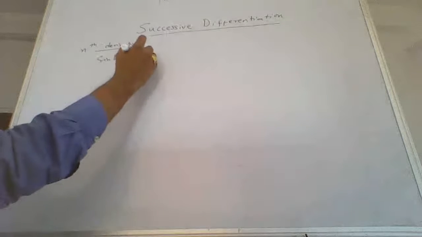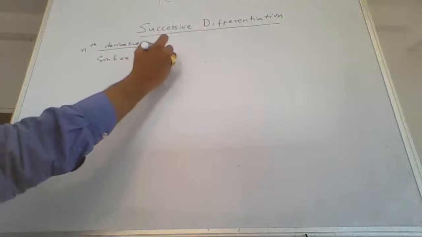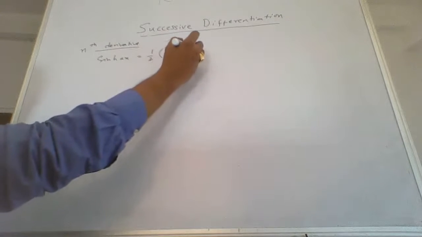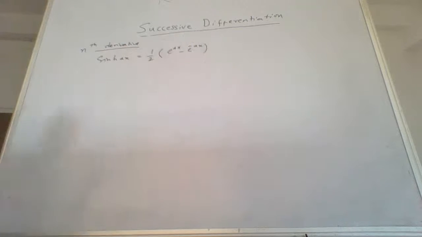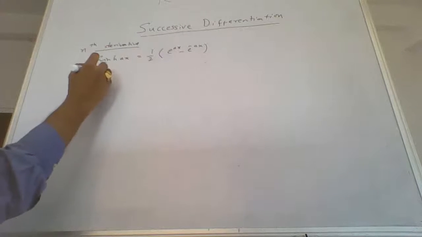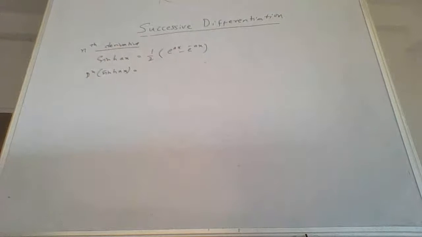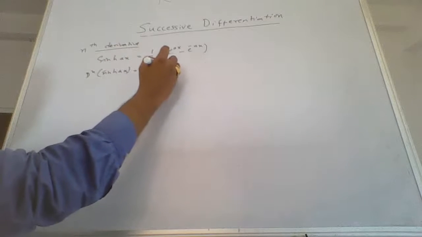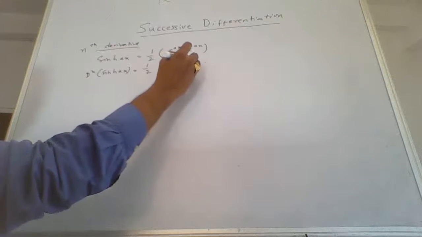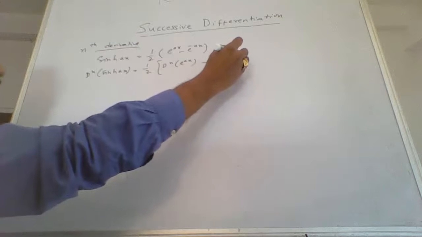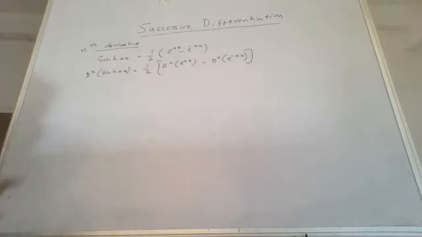Now sinh(ax) is 1 by 2 of e to the power of ax minus e to the power of minus ax. Now let us find the nth derivative of this sinh(ax). So this should be the nth derivative of e to the power of ax minus the nth derivative of e to the power of minus ax. So this is what we are trying to solve.